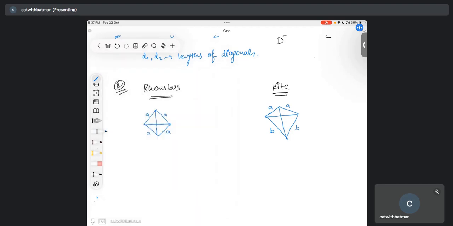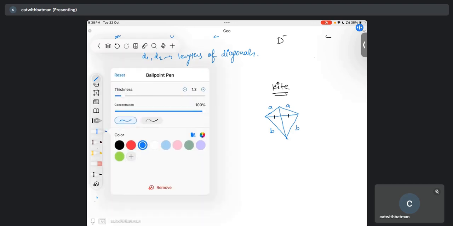Now, in a kite, only one of the diagonals is bisected. That means this particular part will be equal to this particular part that I have mentioned with a single black line. So only one of the diagonals is bisected, while in a rhombus, both the diagonals are bisected like this, and they are bisected at 90 degrees.